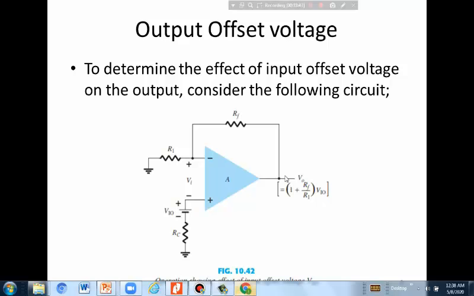So considering this op-amp as a non-inverting amplifier, the output is the gain 1 plus RF over R1 times the input, and the input is VIO. So based on the values of these resistances, we will get the output due to this input offset voltage, and that output voltage will appear at the output of the op-amp as an error.